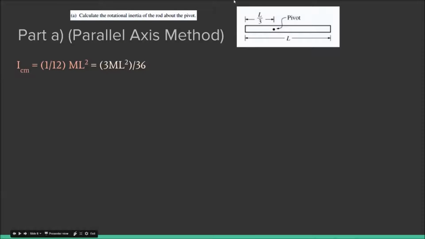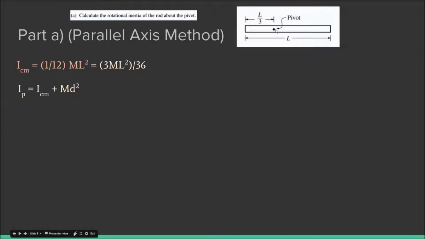So I'll just show you how to do it in the next step. I'm just assuming that you know this from memory. For the purpose of this problem, we're just going to multiply this fraction by 3 over 3, and say the inertia about the center of mass is equal to 3 ml squared over 36, which is the same as 1/12.